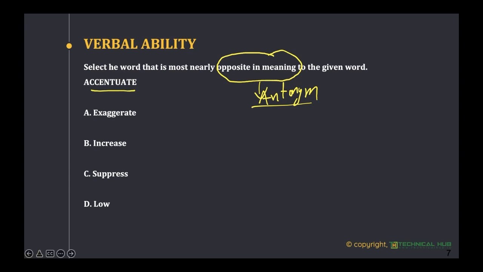Accentuate means to make something so popular, or make it so prominent.